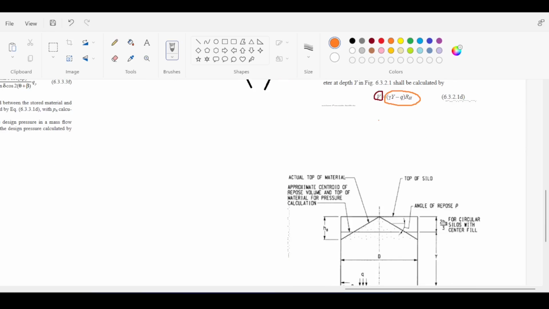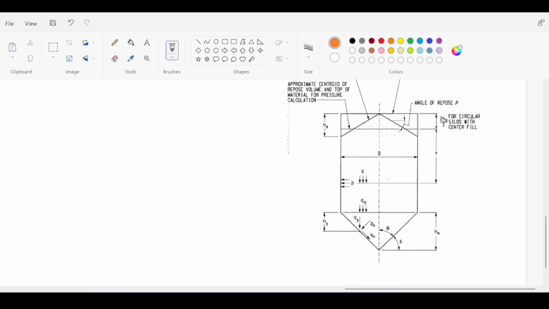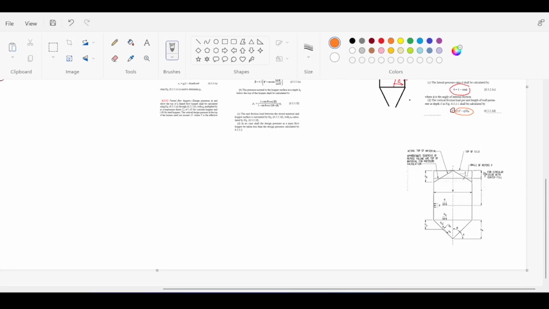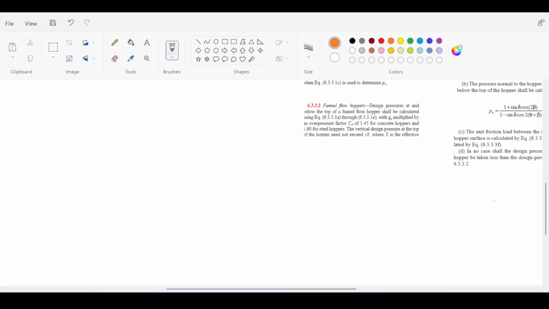Now, please notice that there is an assumption here when you do all this kind of pressure. All the things you see in these equations are derived from this assumption that I will have to talk about later when I take a deep dive in my loads video. But for now, just keep in mind that it's assumed that this is the shape of your silo when you fill it.